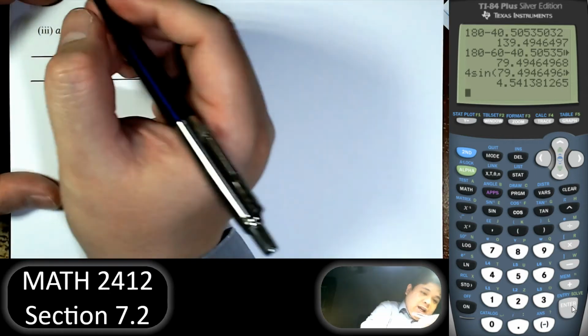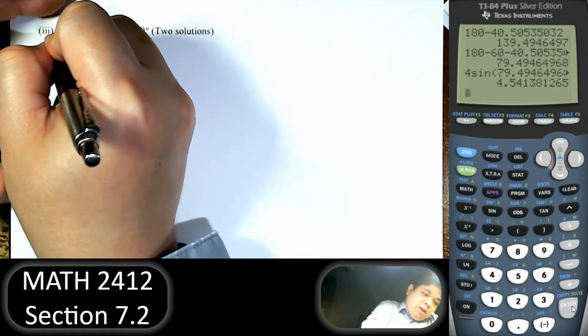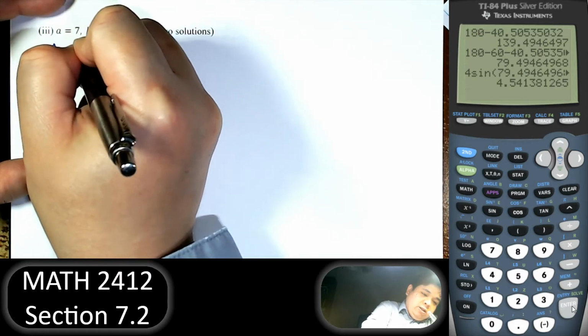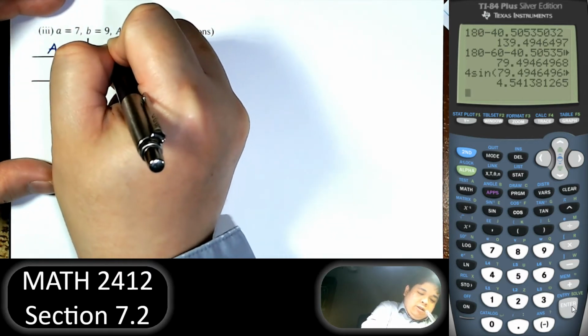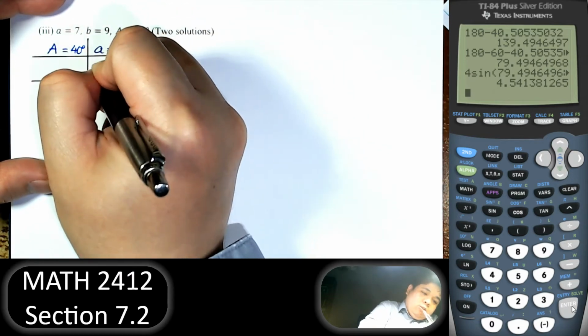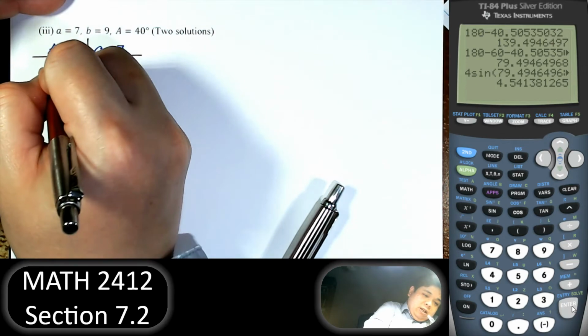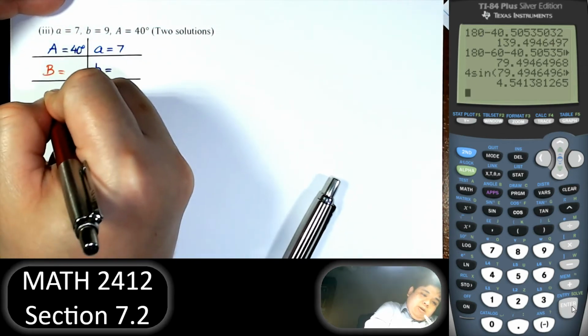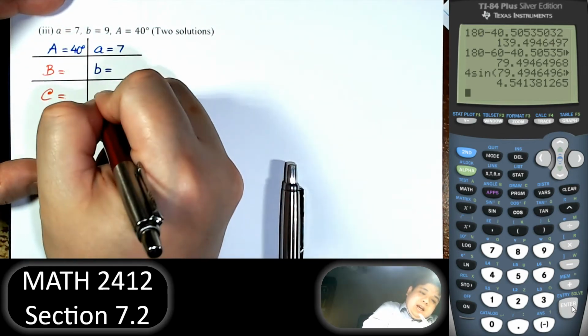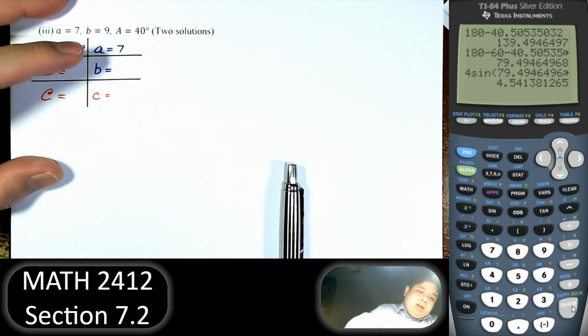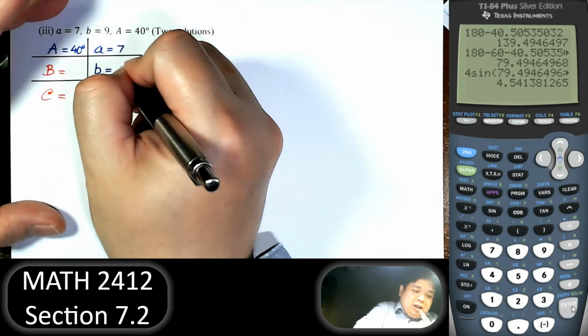Right. Angle A is 40 degrees. Little a is 7. Don't know angle B, don't know angle C, and don't know side c. But we do know side b is 9.